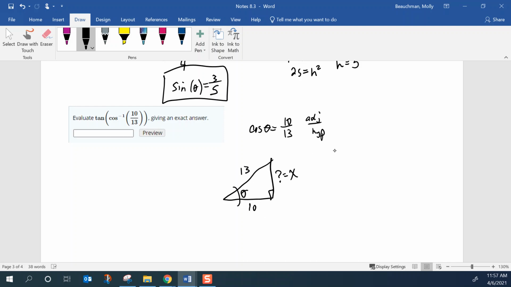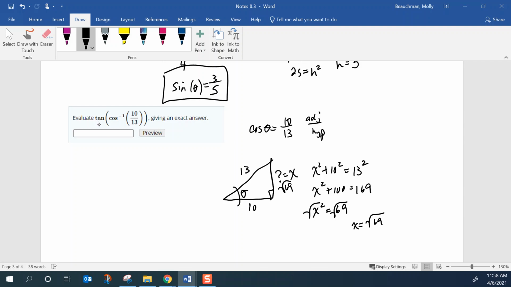So we have in our triangle that x squared plus 10 squared is equal to 13 squared. So x squared plus 100, 13 squared is 169. Subtract 100 from both sides, we get x squared is equal to 69. Take the square root of both sides. X is equal to the square root of 69. So what is that? That's 3 times 23. That can't be simplified. So this side length is the square root of 69.